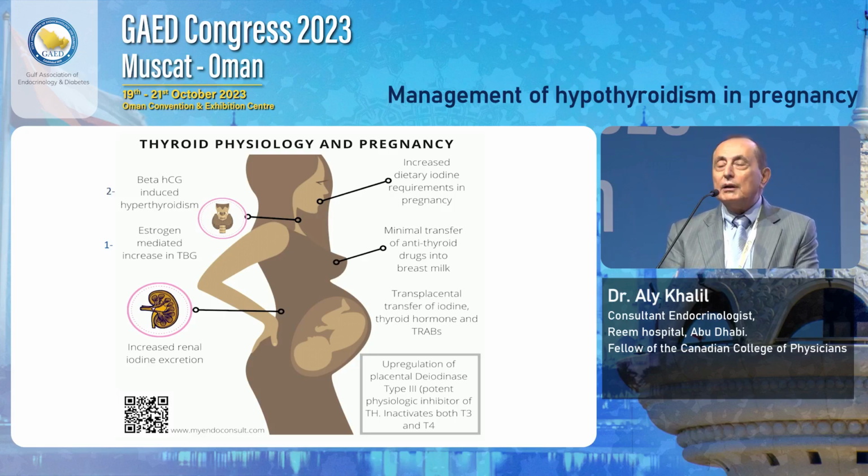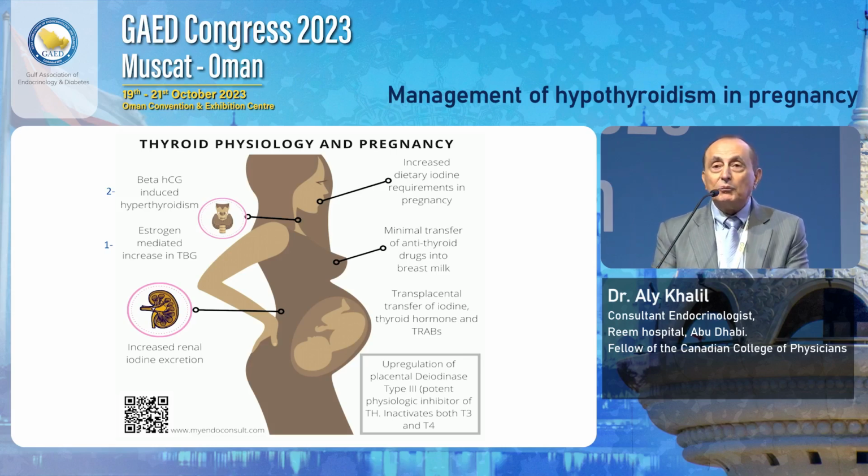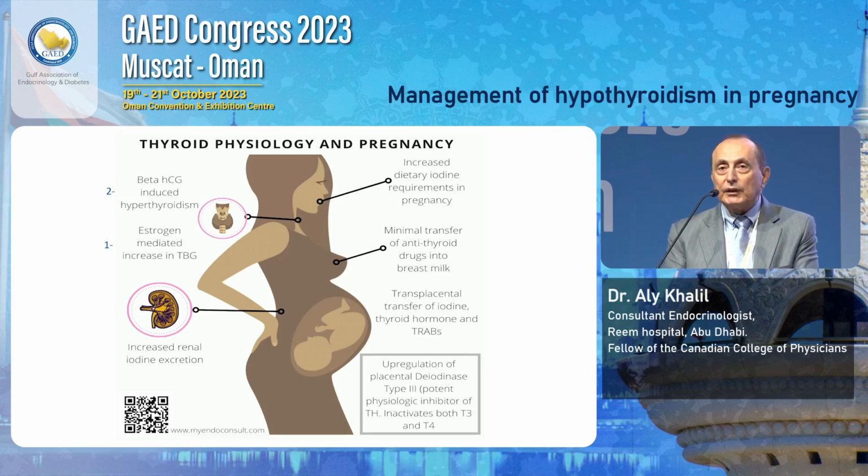The second one is a rise in beta-HCG secreted by the placenta. Because of cross-reactivity between TSH and beta-HCG, TSH will be suppressed, but the stimulation of the thyroid will be present.